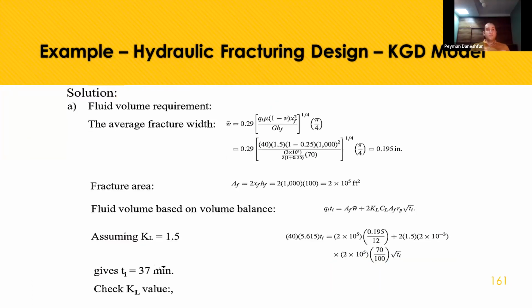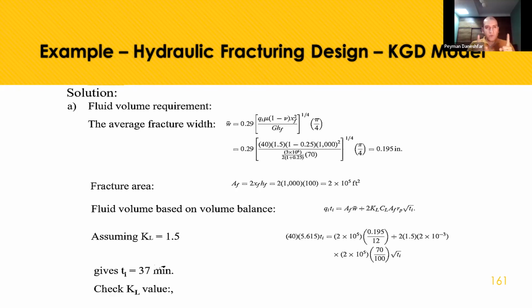First of all, we should find the fracture width by the KGD model. When we find the average fracture width by the KGD model, after that we find the fracture area and fluid volume based on volume balances, because of the time of the pumping and the rate of the pumping. If you remember, we want a numerical iteration procedure.